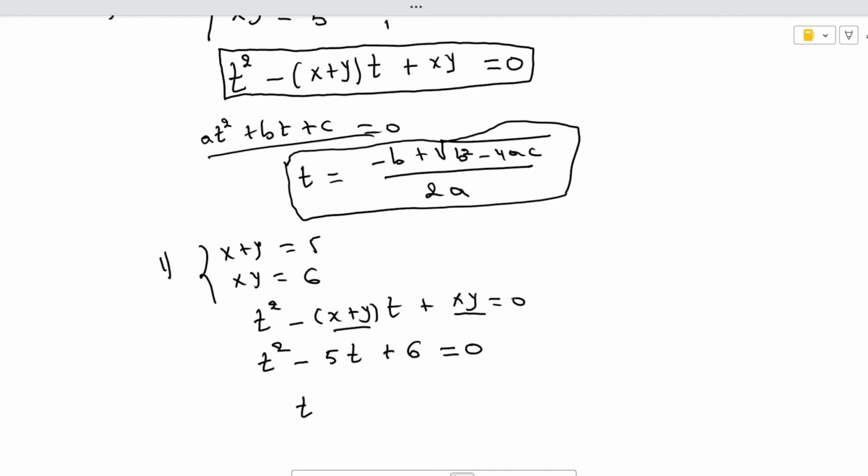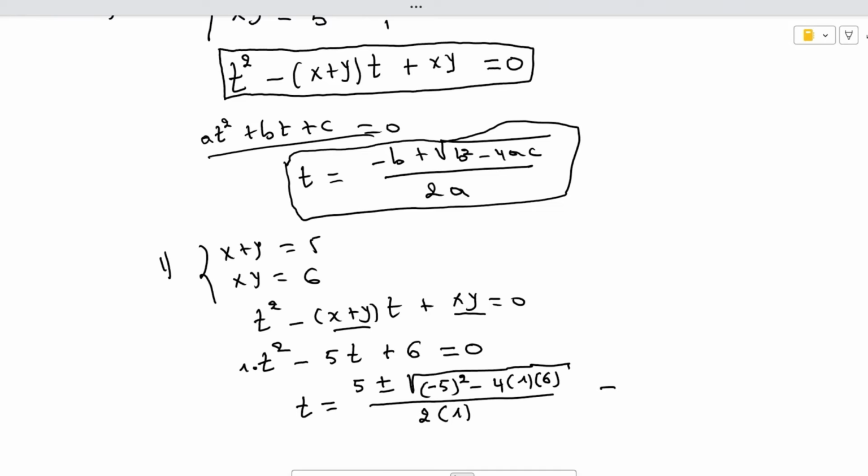In this case, t equals minus b, and for our case b is minus 5, so minus b is 5, plus or minus the square root of b squared, which is minus 5 squared, minus 4 times a times c. a is equal to 1, and c is equal to 6, all over 2 times a, which is 2 times 1.